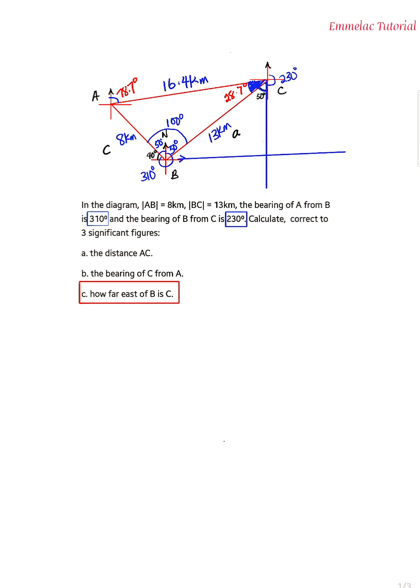Take note, this will be a right angle triangle. So alpha, this is actually the place we'll be looking for. Now that we've gotten this, let's sketch out the triangle.